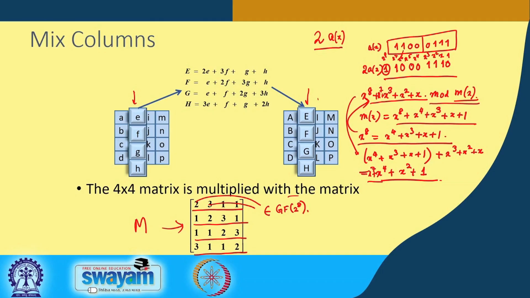And now, how can you do 3 into x? 3 into x is x plus 1 multiplied with x, right? And that is nothing but 2 into x plus x, because x into x is nothing but 2 into x.